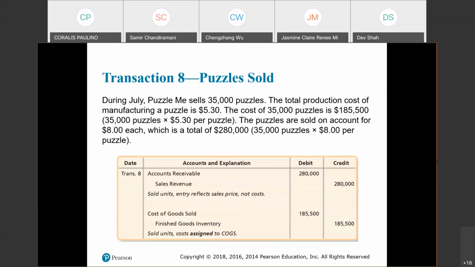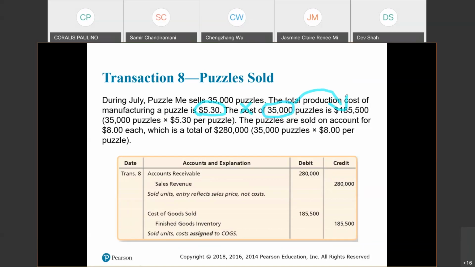The unit cost times the number of physical units sold is COGS, cost of goods sold. Well, in this case, the COGS is $185,500.